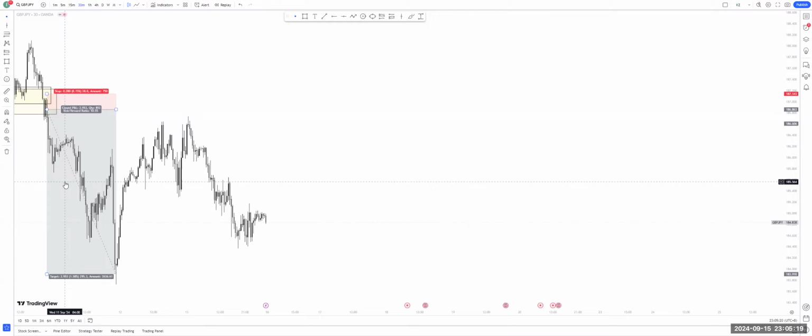No matter whether I have EG or EF, CMP is everything, because zone is nothing. I'm sorry to say this, guys, but zone is nothing. If you know how to mark EG and EF, you're done with the zones. The rest of the focus goes to the current market price. Our work is at the current market price, not at the zone.